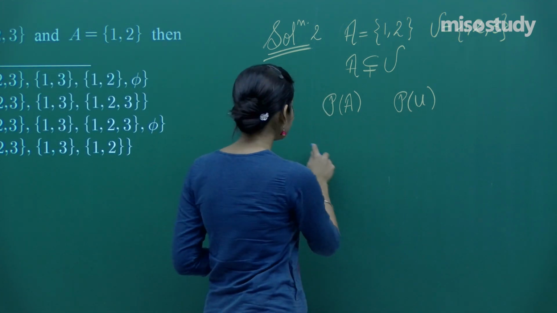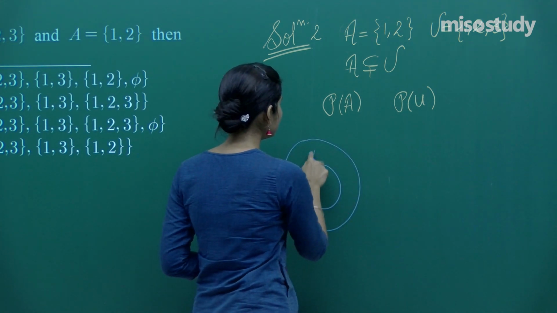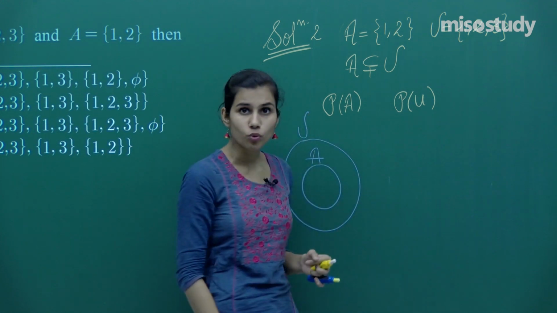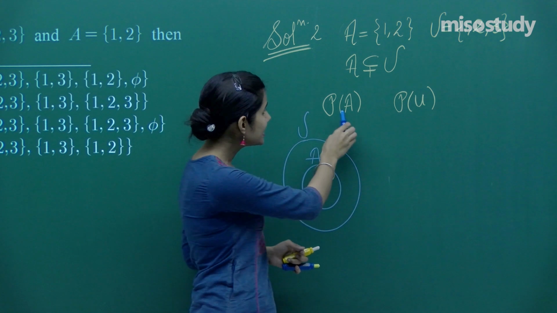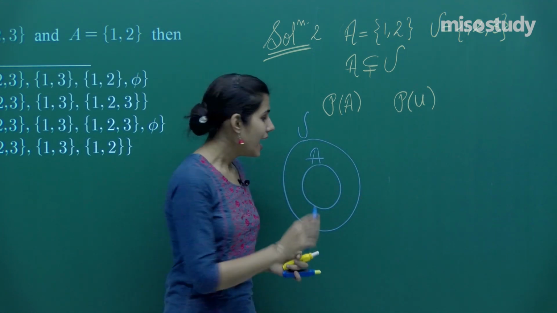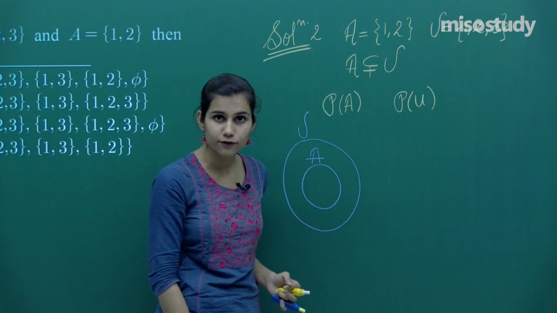If I diagrammatically show you, this is my A and this is my U. All the subsets of A sitting inside power set of A are those sets which are contained inside A itself.